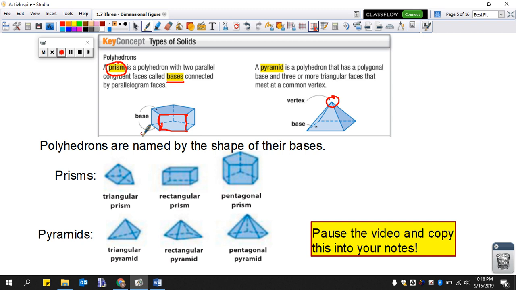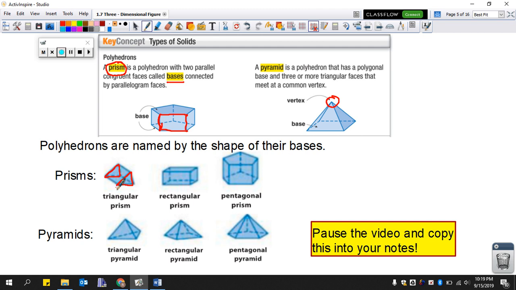All right. Polyhedrons are named by the shapes of their bases, which I just referred to. Okay, so when you're talking about prisms, the prisms that have triangles as their bases, like in this case, are called triangular prisms. Okay, and you notice that the bases do not have to be on the bottom.